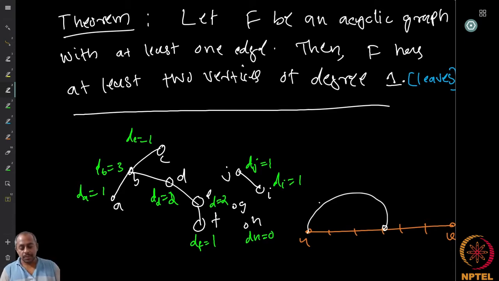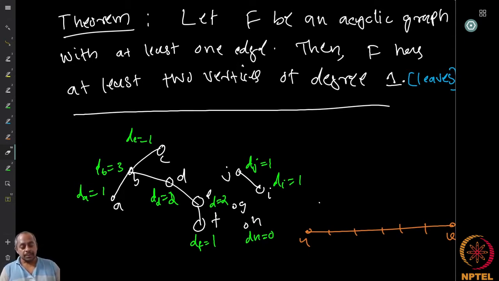So this is also not possible, which says that the vertex u must have degree exactly equal to 1. The same argument holds for v, so u and v must be vertices of degree equal to 1. This is true for any maximal path, so we can show that any non-trivial forest contains at least two vertices of degree exactly equal to 1.